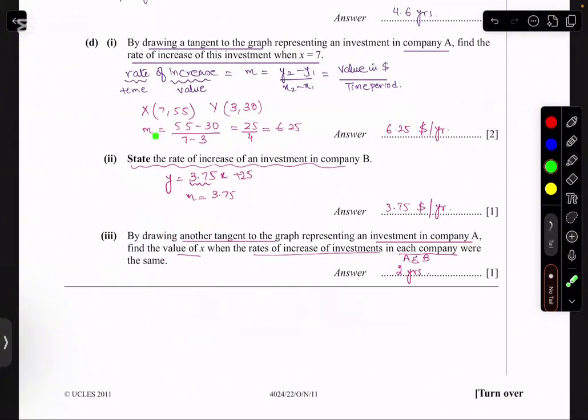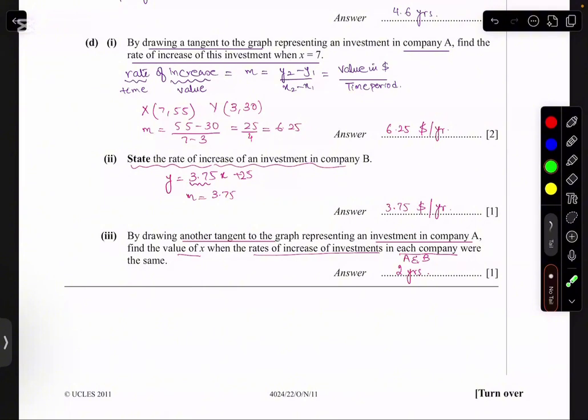I applied the gradient formula, y2 minus y1 over x2 minus x1. 55 minus 30 over 7 minus 3, I got the gradient, which is 6.25. Meaning in the 7th year, the rate of increase in company A was $6.25 per year.